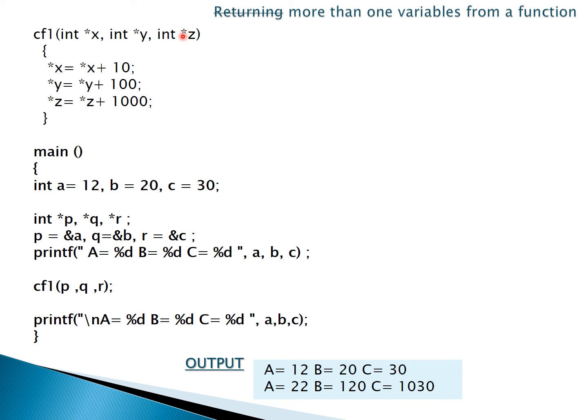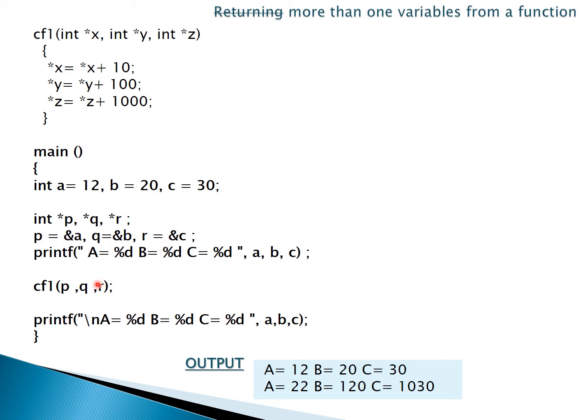So if these are the pointer variables, that means that these variables can hold the addresses, and here we are sending the addresses because P is holding the address of A, Q is holding the address of B, R is holding the address of C.